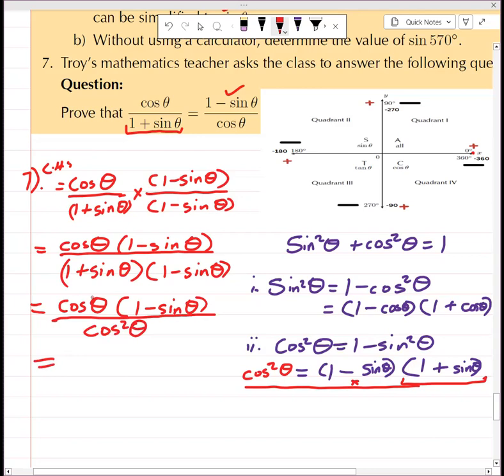Then cos squared theta can be written as cos theta times cos theta, so one of them will cancel, and you're left with 1 minus sine theta over cos theta, which equals the right-hand side.